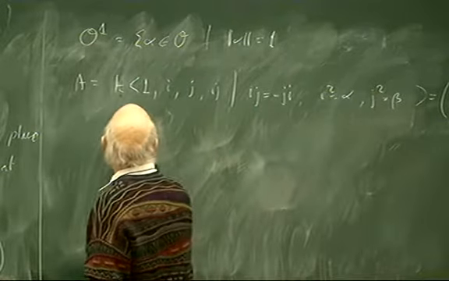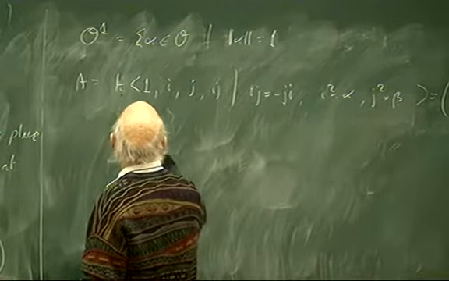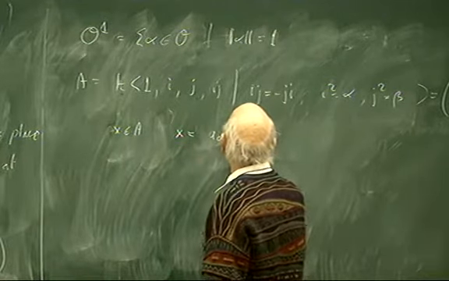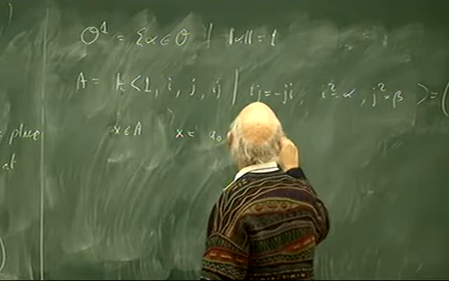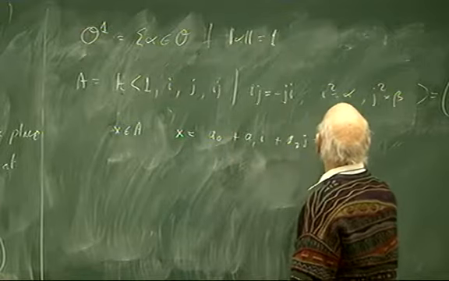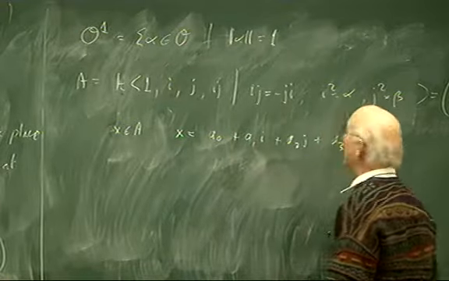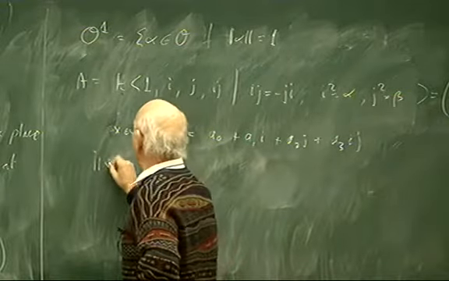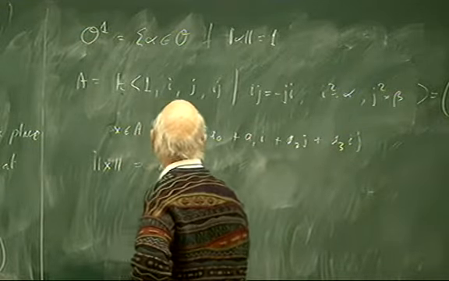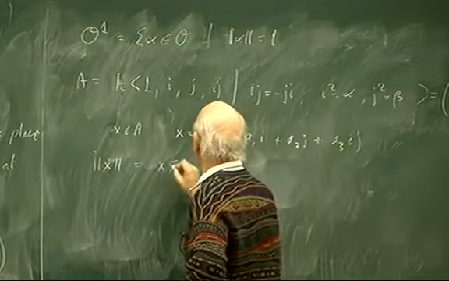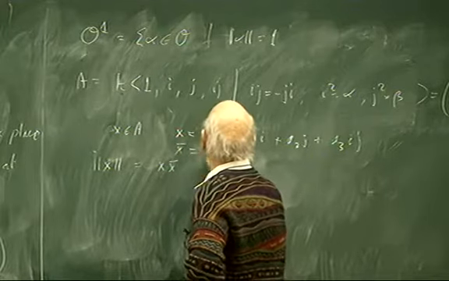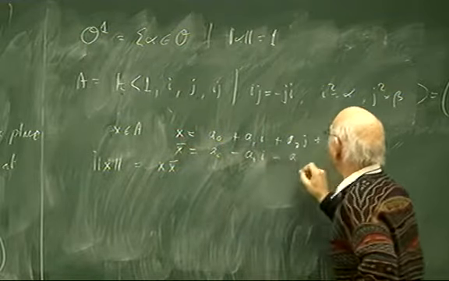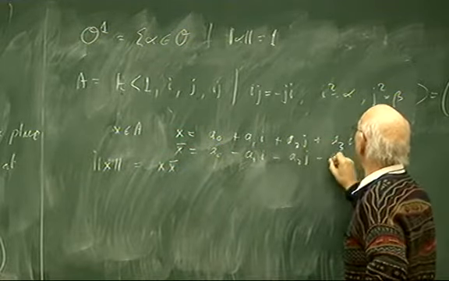So any quaternion, any x in A, can be written as x equals A0 plus A1 i plus A2 j plus A3 times ij. And the norm of x, just like in the complex numbers, is going to be x times x conjugate, where x conjugate is just changing the sign of all of the imaginary part, as it were.